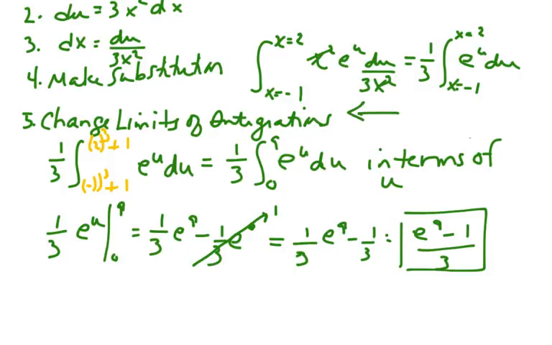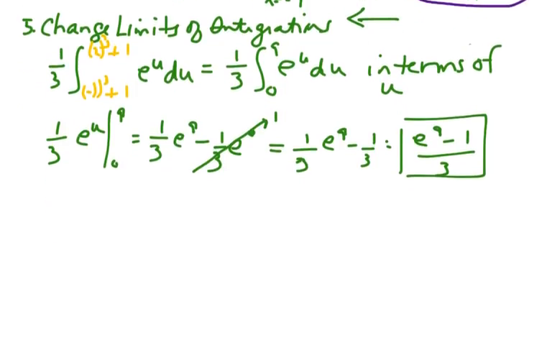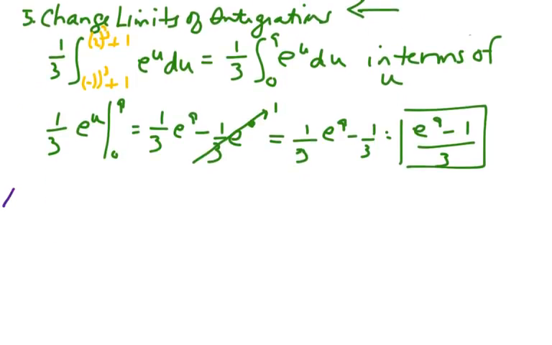What you could have done instead was to continue evaluating this in terms of u, but then back substituting for u in terms of x. So here's another approach, and the other approach is to actually back substitute for u and then evaluate it.